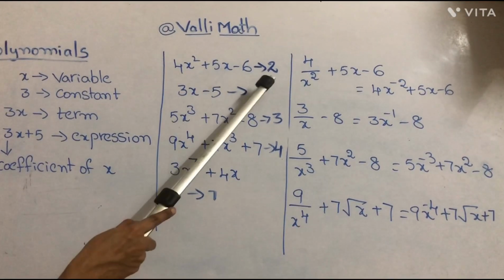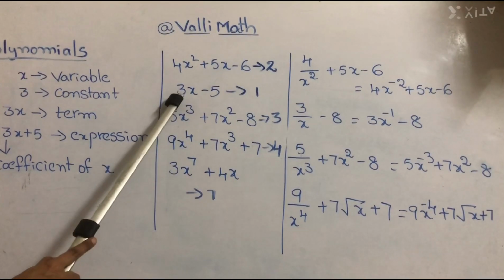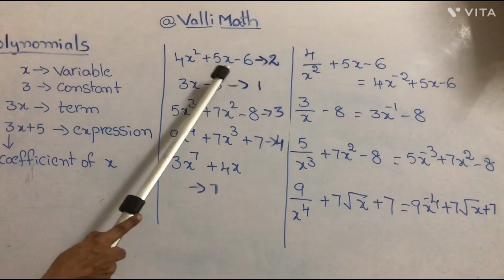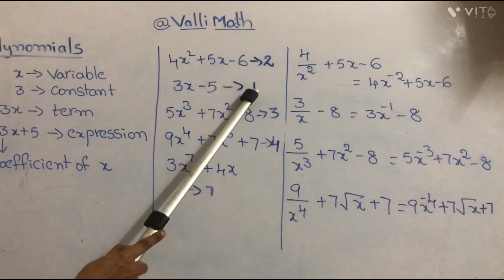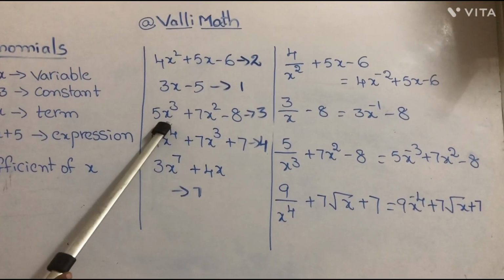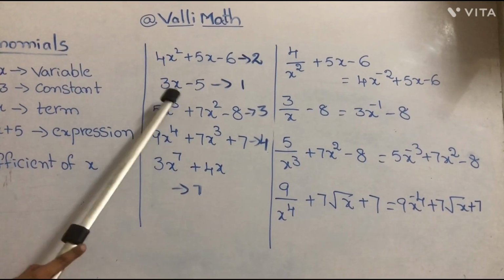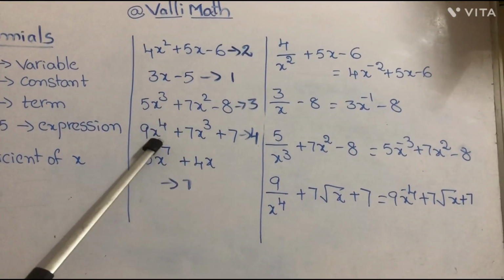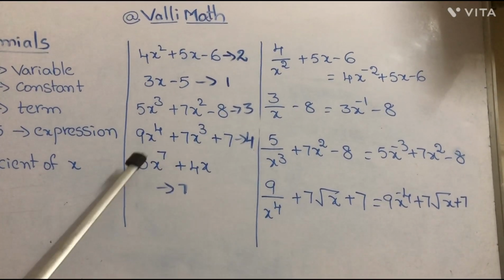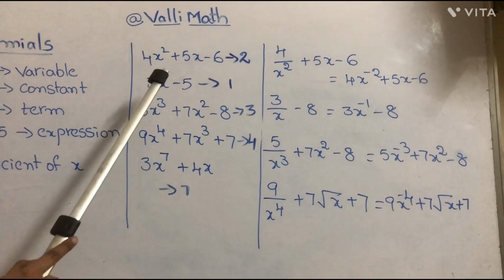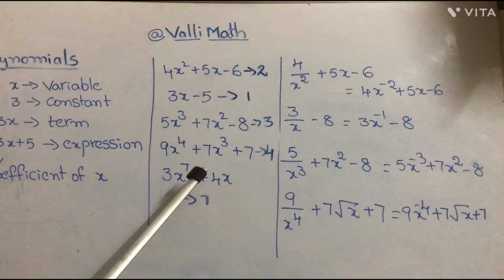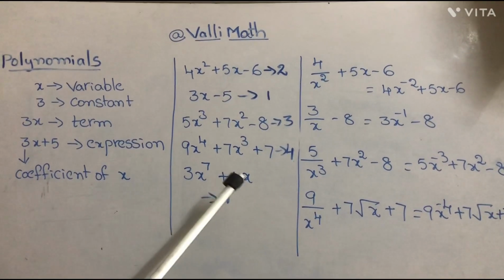In this polynomial the variable is not having any power, so it is having the power 1. Here the variable is having the highest power 3, so its degree is 3. Here the degree is 4. Here the degree is 7. Now I think everyone got the idea about the degree and the definition of the polynomial.